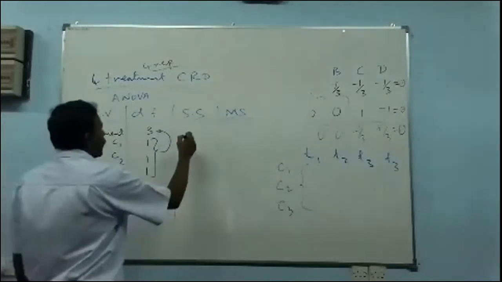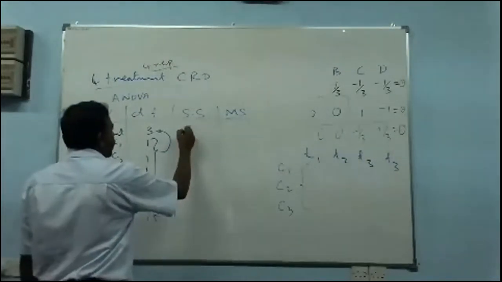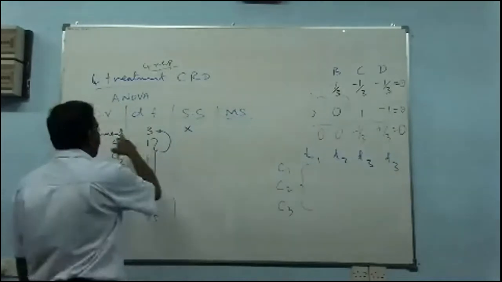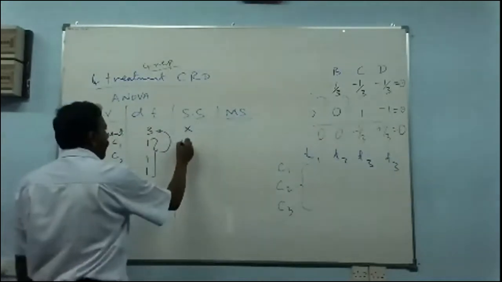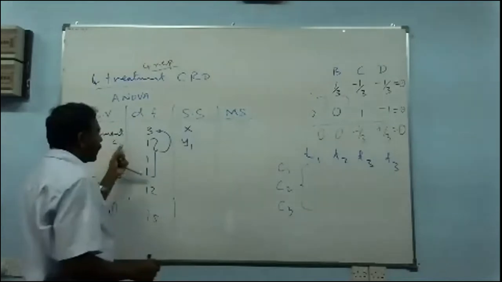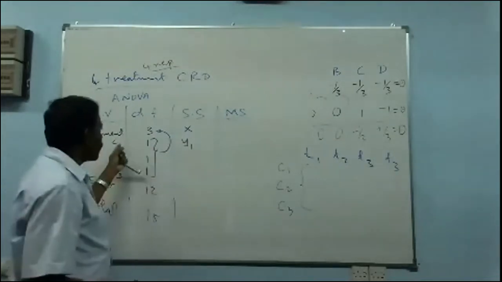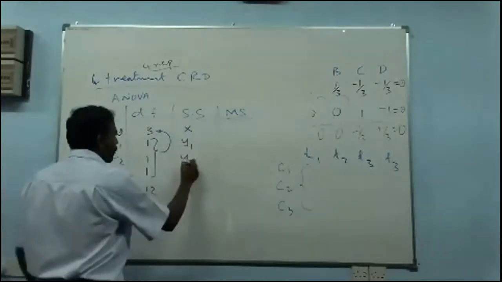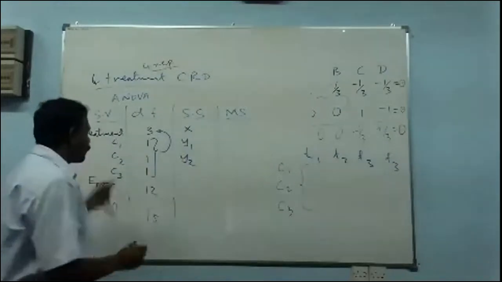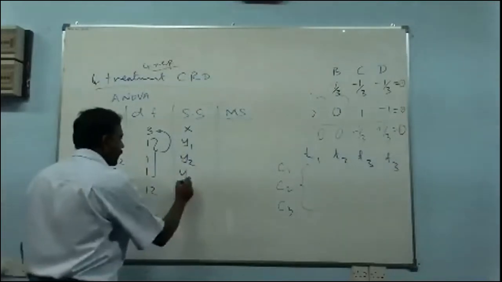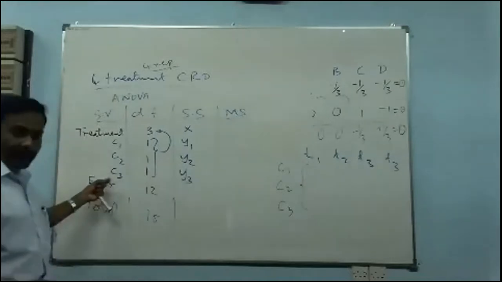Let's say you have sums of square X for treatment, Y1 is the sums of square for contrast 1, Y2 is the sums of square for contrast 2, and Y3 is the sums of square for contrast 3.